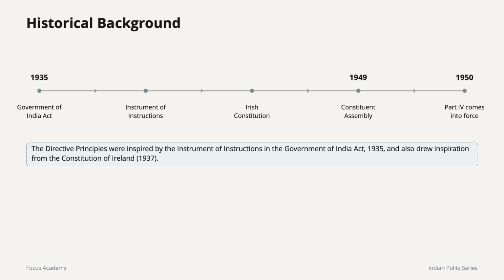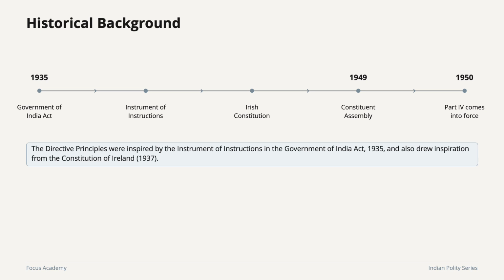Now, historical background. How DPSP evolved. Initially, the Directive Principles of State Policy was contained in the Government of India Act 1935 as the Instrument of Instructions. Okay, these were instructions given not to the Indians, but to the ones who ruled India during 1935.